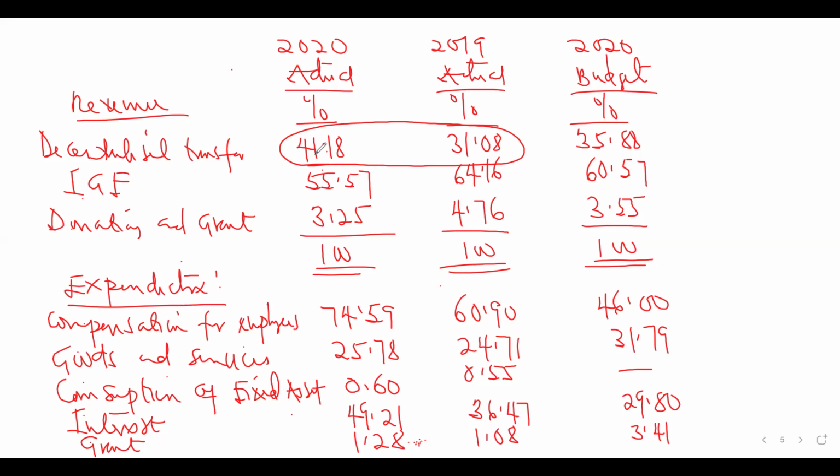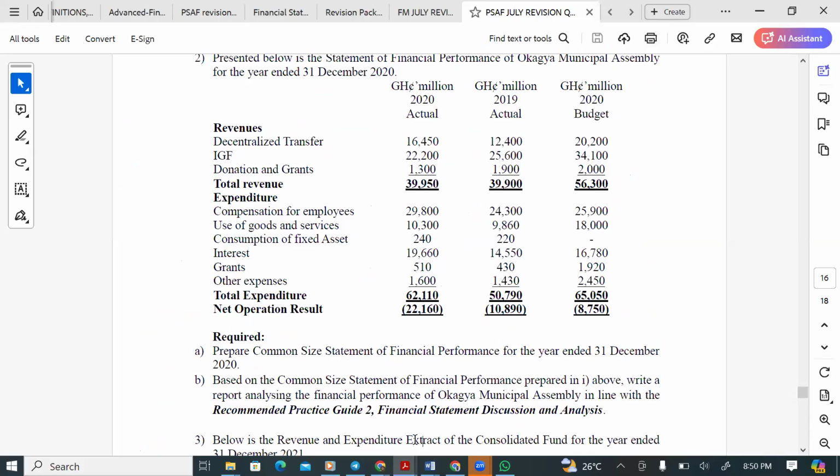This implies that in the current year, more funds have been allocated to the district assembly in 2020. What might be the cause of this? The need for more facilities in the district. Because of the deplorable nature of the district, the government wants to revamp it.